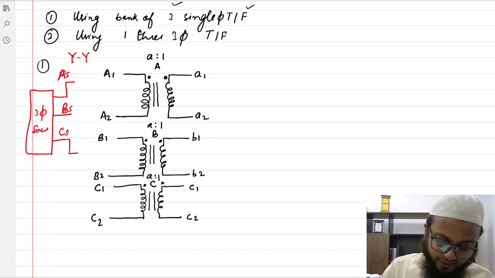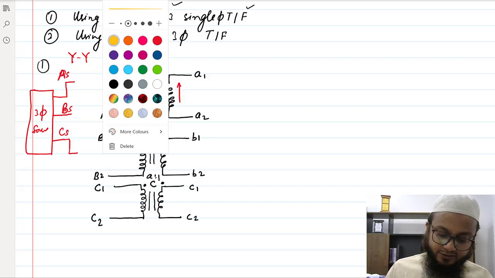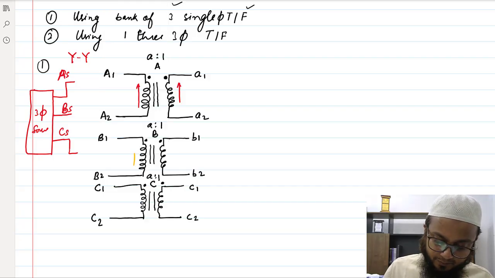So if I say the induced voltage here is in this direction, if I connect the source, the induced voltage is in this direction. Obviously, this dot says that induced voltage in the secondary would also be in this direction. Okay. Similarly, for B phase, if it is here, the induced voltage would be in this direction.